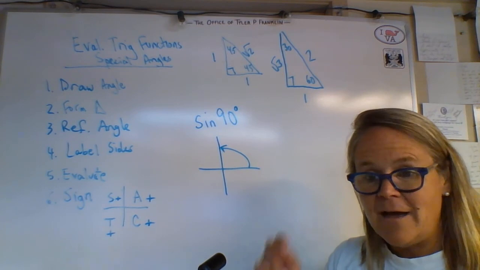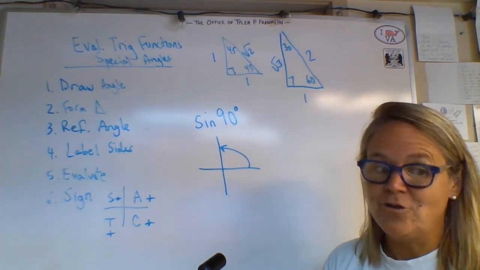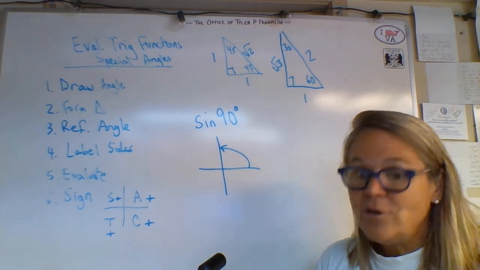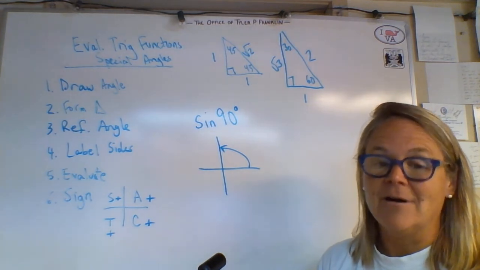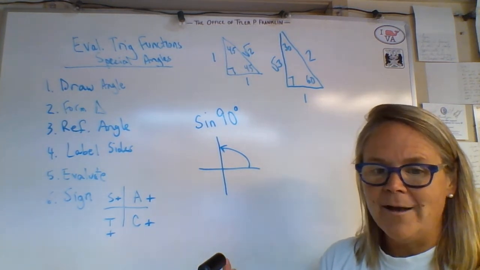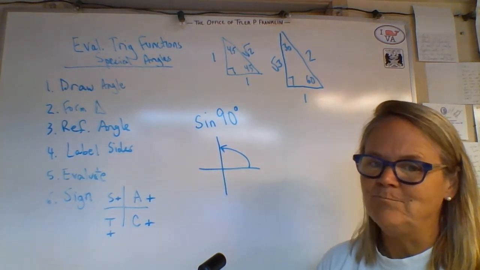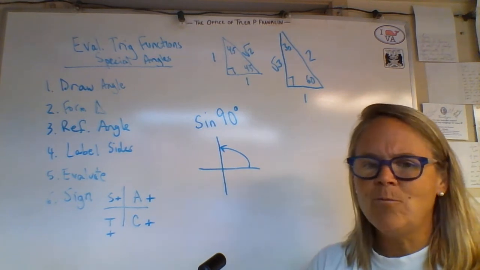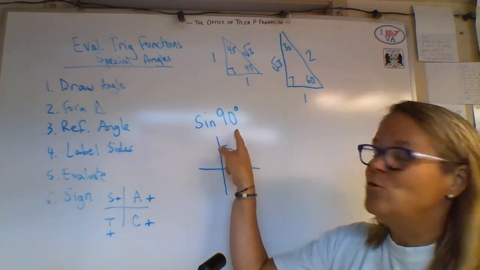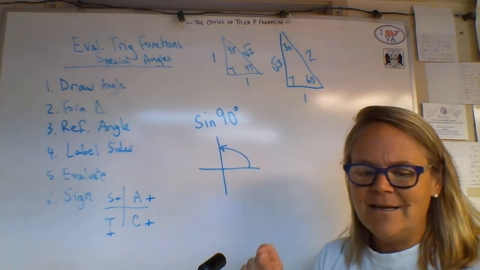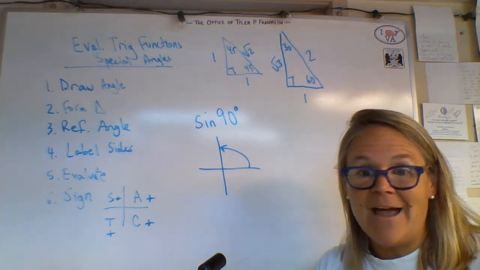What I would tell you guys, if one of these comes up, put it in your calculator because your calculator is going to give you either 0, 1, -1, or undefined. It's really more than we need to do in this class. So I just want you to know if you get 90, 180, 270, put it in your calculator and just plug in sine of 90.